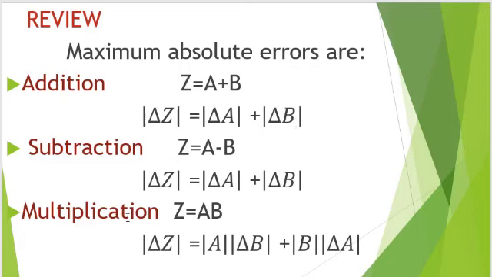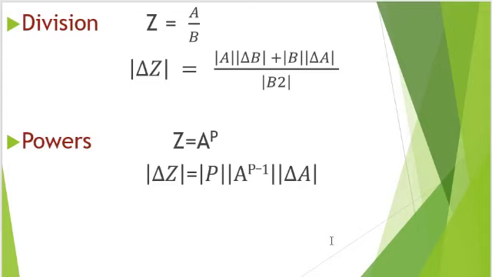Then maximum absolute error in multiplication, AB, it is A times change in B plus B times change in A. Then in division, A over B, the maximum absolute error is A times change in B plus B times change in A over B squared.